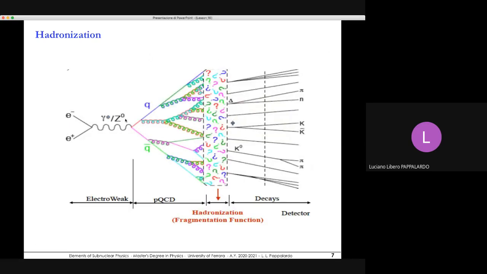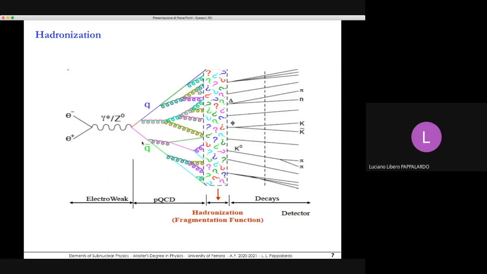And this picture essentially depicts what is going on. So suppose we have an e+e- collision, okay, and they annihilate and create at the end a quark-antiquark pair, okay. So this part here is dominated by the electroweak, so the standard model, and QED if the energy is low, so only a photon is exchanged, or electroweak in case the energy is large enough that the process can proceed through the mediation of a Z boson.